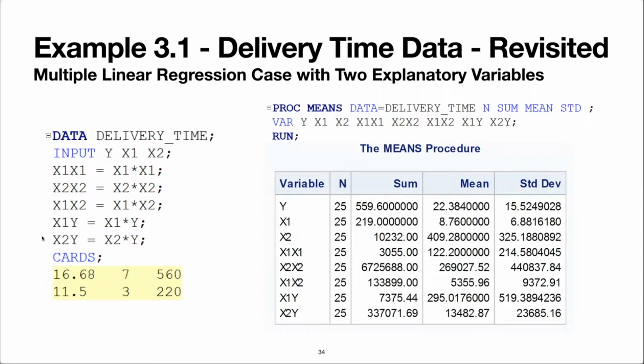And then x2y is the variable that corresponds to x2 and y. And then I would have the cards statement or data lines, and then the data set and so forth.